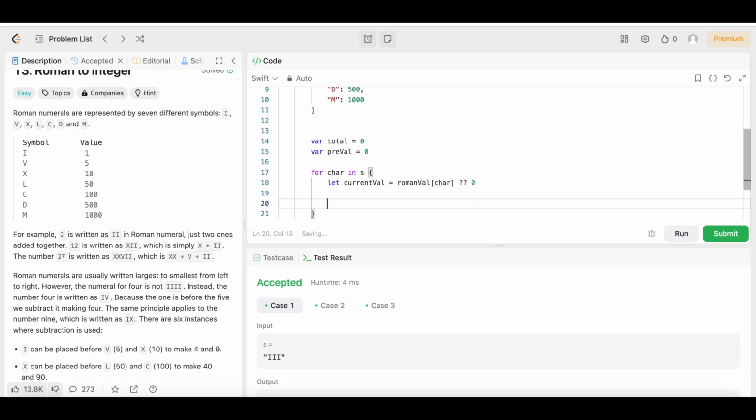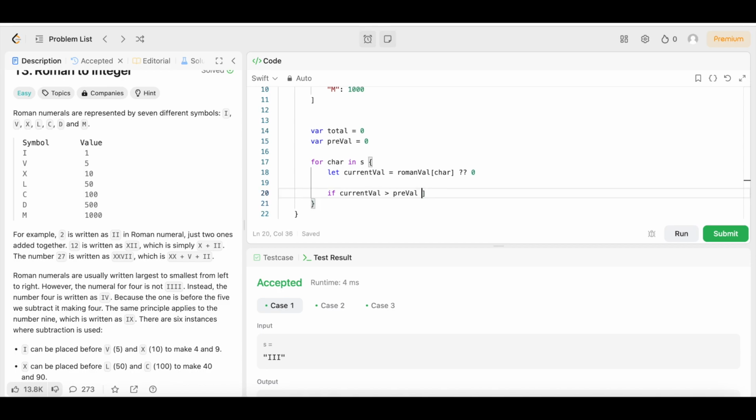Then we're going to say if current val is greater than the preval. Hold on, let me get my brackets right.